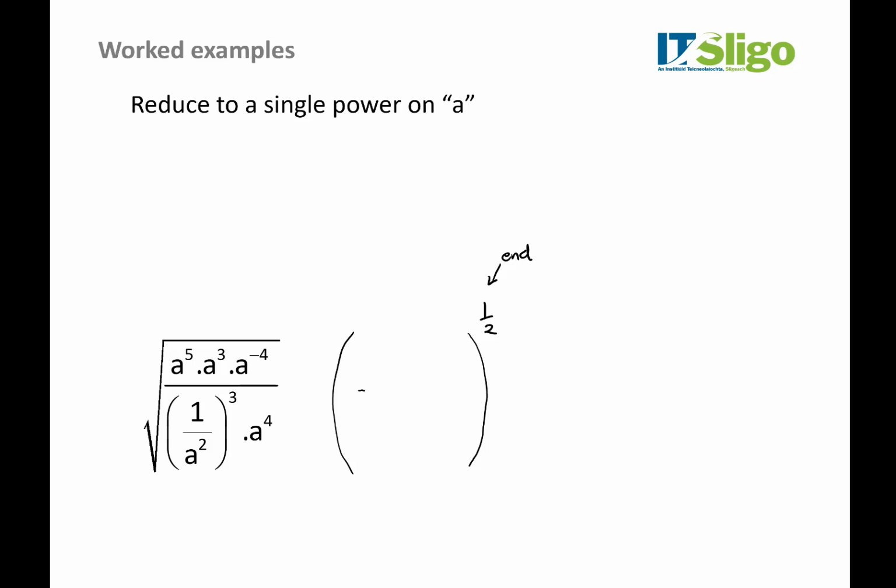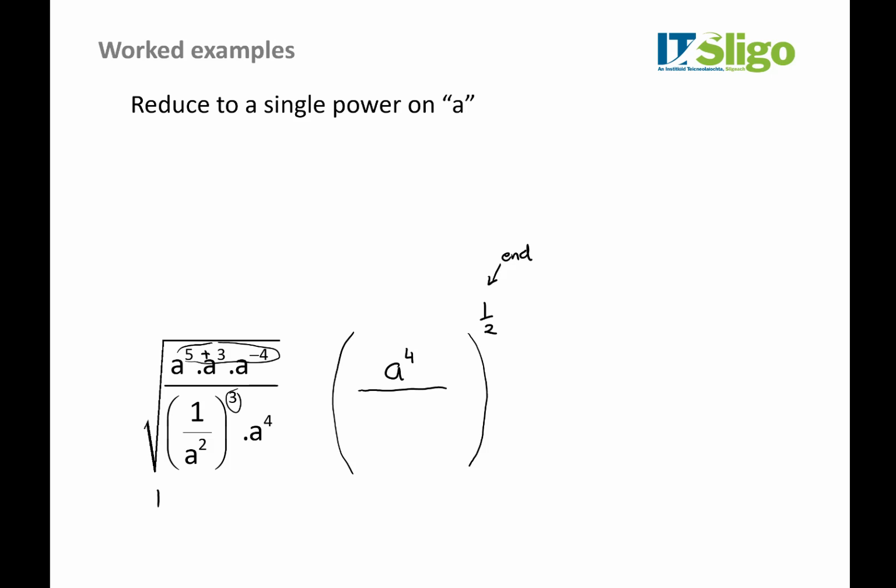So now, guys, on the top line, again, using rule 1, I'll add my powers. 5 plus 3 minus 4. And that'll give me 8 minus 4, 8 to the power of 4. On the bottom, guys, again with BODMAS, I have multiplication, but I have this cubed first.